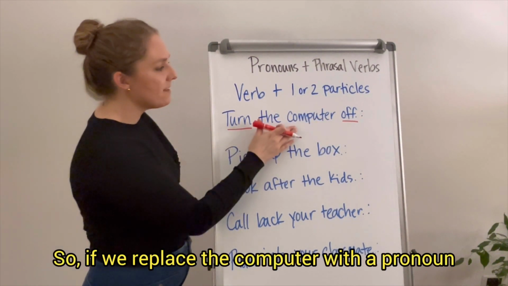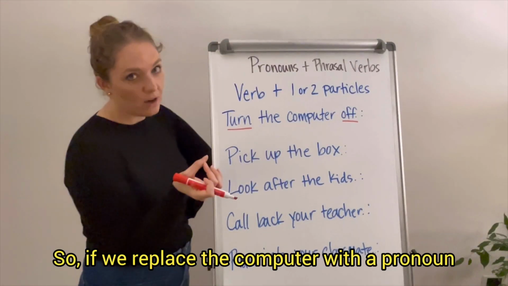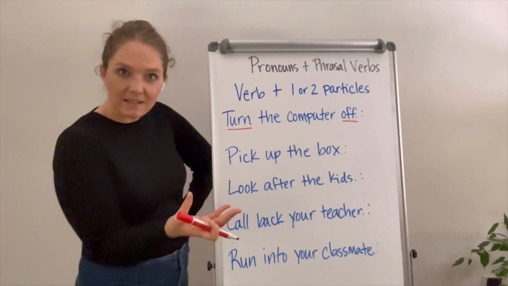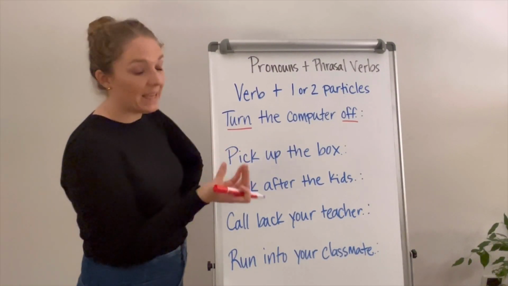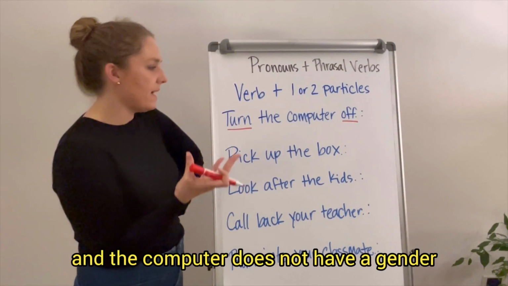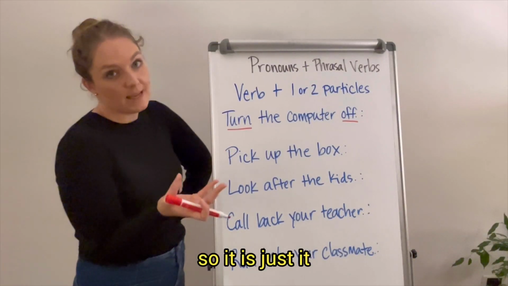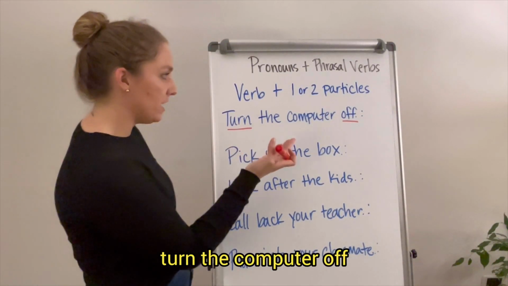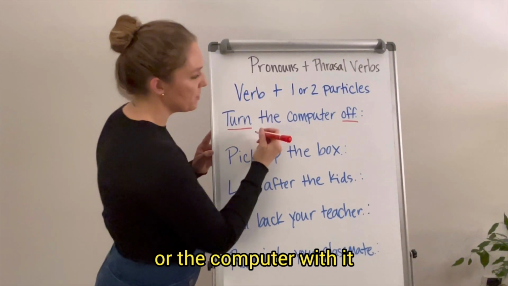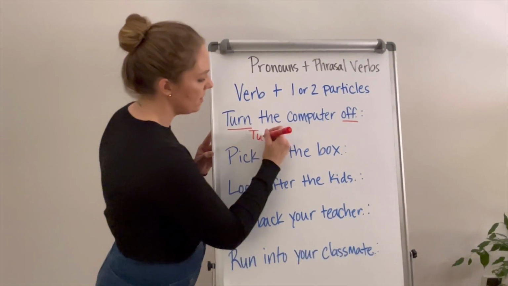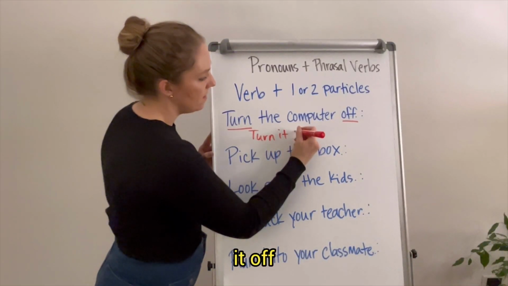So if we replace the computer with a pronoun, it would become it. It because the computer is singular, and the computer does not have a gender, so it is just it. So here, if we replace the computer with it, we would say turn it off.